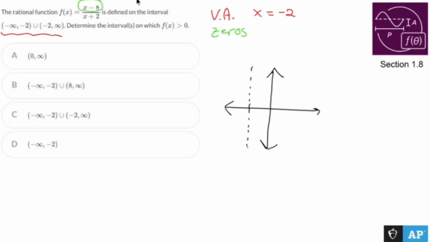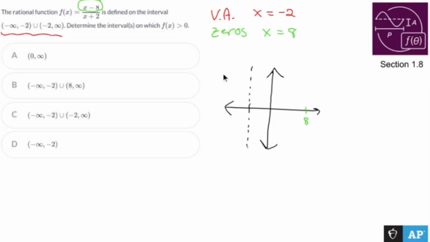So if x minus 8 is 0, then x equals 8 is a zero. So way over here at 8, my line is going to cross the x-axis. So I have one case where nothing touches and one that goes through.